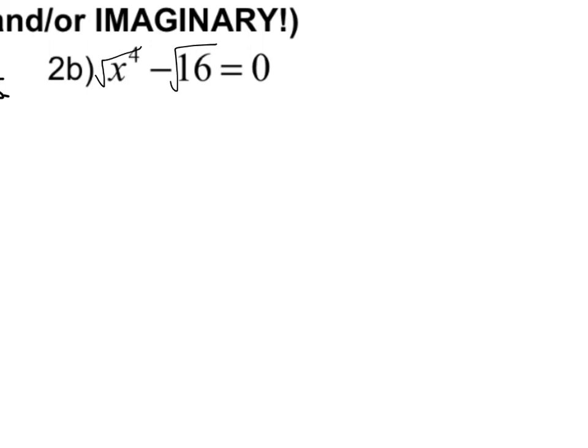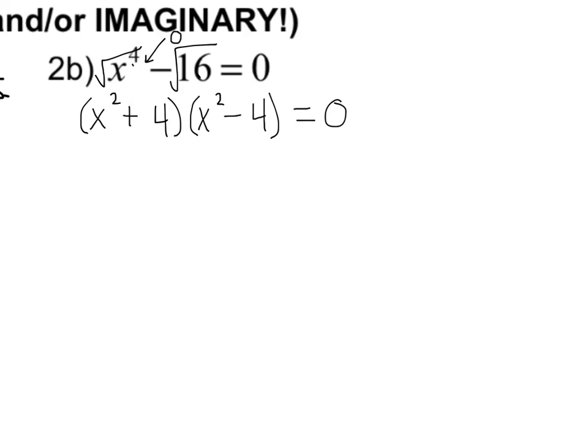This is also a minus sign, so it means the middle dropped out because it was 0. So what times what equals x to the fourth? X squared and x squared. What times what equals 16? 4 and 4, and when one of them's positive and one of them's negative, we'll get 0 in the middle.